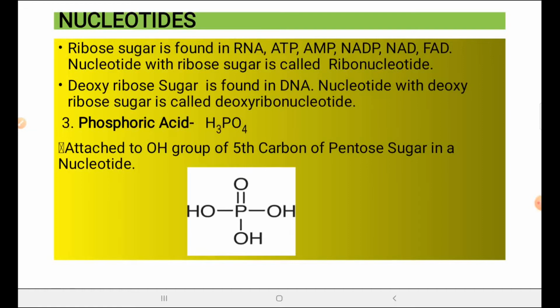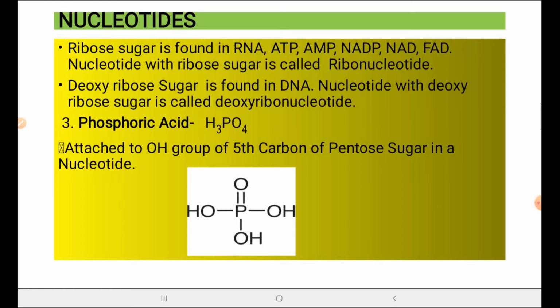Deoxyribose sugars are exclusively found in DNA. Ribose sugars are found in RNA, whereas deoxyribose sugars are found in DNA. Now a nucleotide with ribose sugar is called ribonucleotide, whereas a nucleotide with deoxyribose sugar is called deoxyribonucleotide. Got it? Clear?